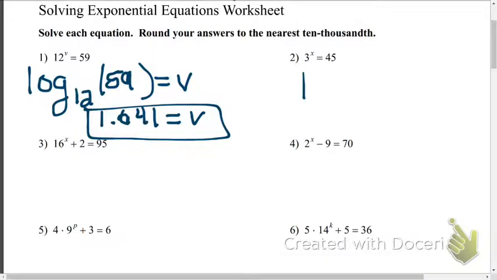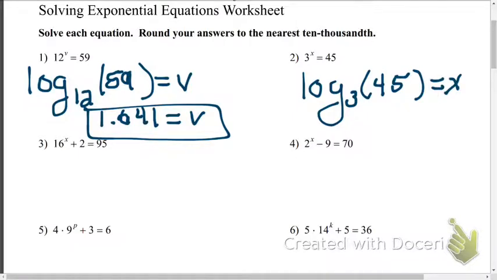All you had to do was plug it into your calculator, plug and chug. The same thing for number 2. Log base 3 of 45 is equal to x. Plug it into your calculator. I'm not going to go through that. You can check and verify on your calculator.